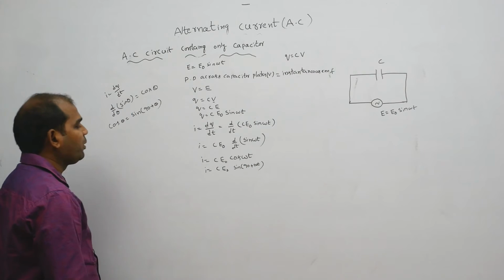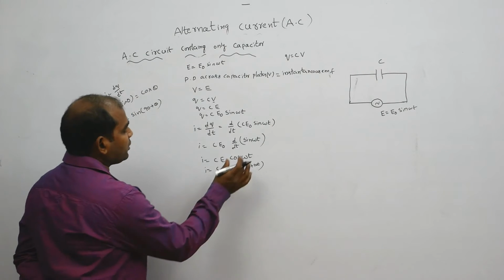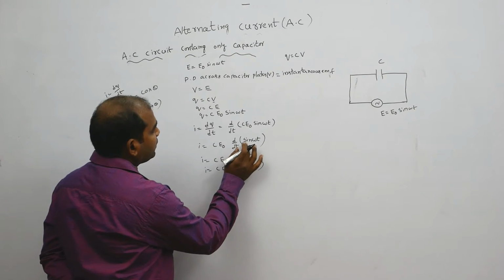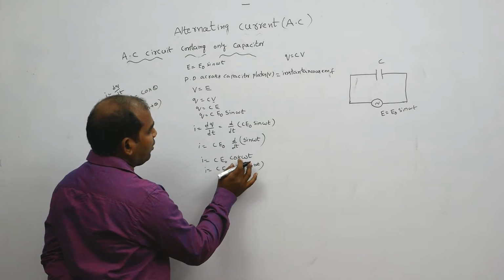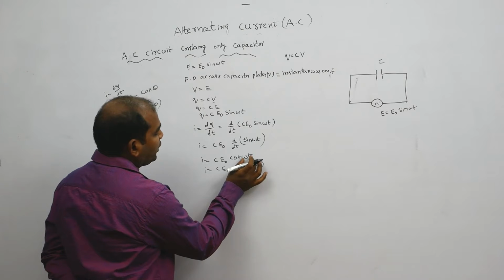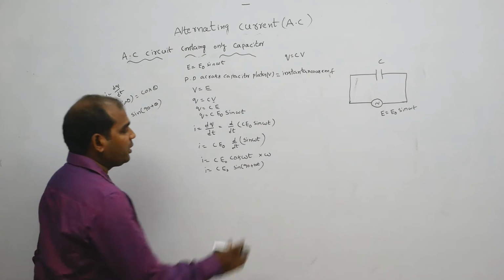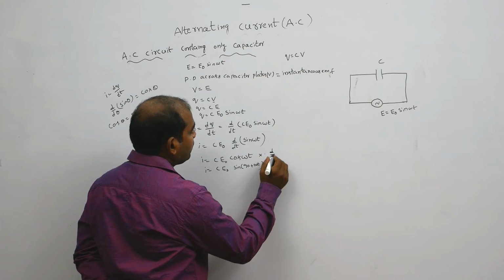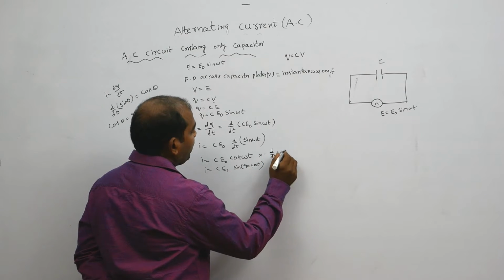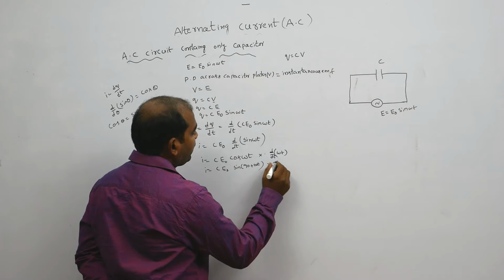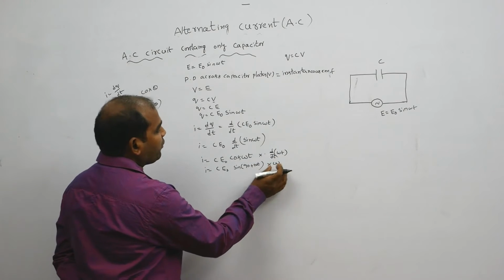When we differentiate sin omega t, we get cos omega t, but we need to differentiate the omega t function also, so we get a factor of omega. That is, d by dt of omega t is omega.